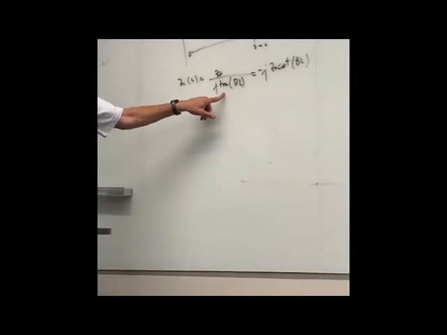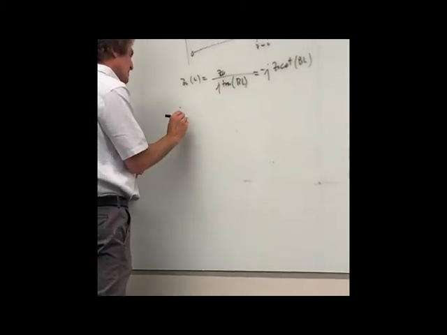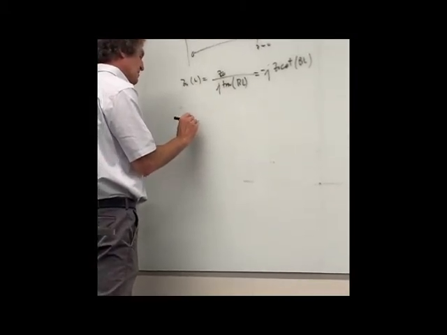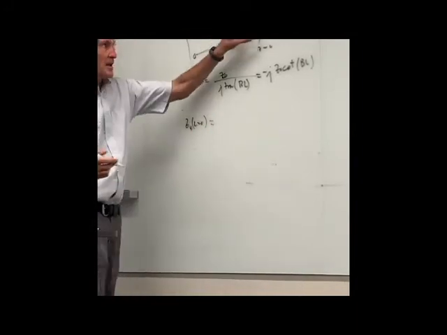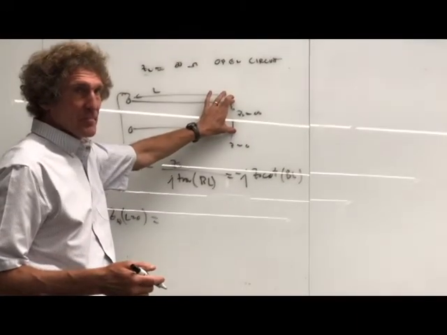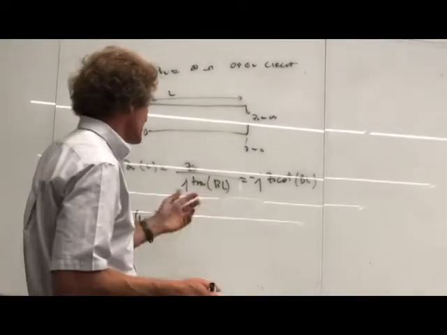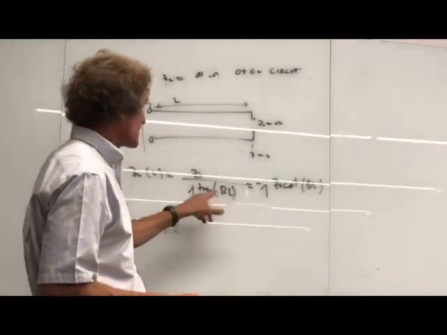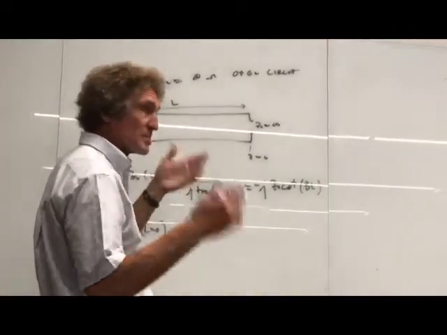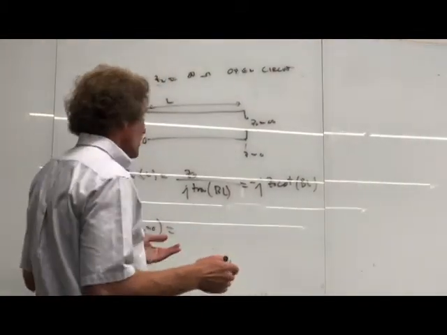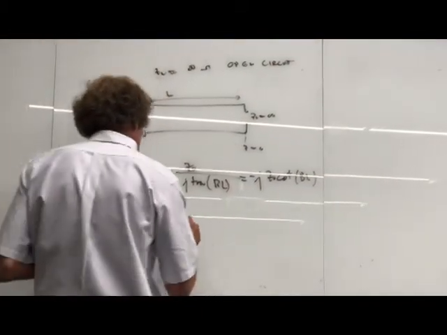So what is Zin for this one when L equals 0? What would you expect it to be? Infinite, it's an open circuit, right? Yeah, beta L here is 0, tangent of 0 is 0, 1 over 0 is infinity. Indeed it is infinite.